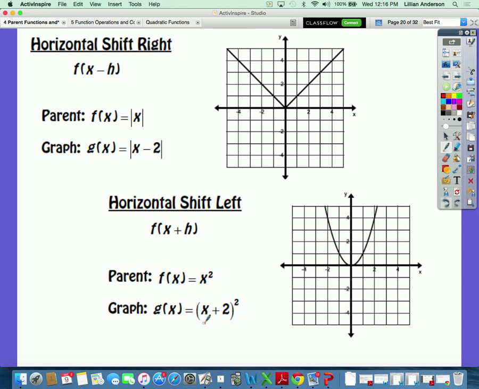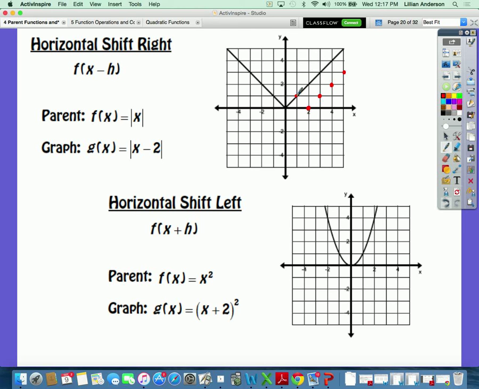Okay? So right here, the absolute value function means I want to move this original parent function, which way? Right, how many? 2. So when I move to the right 2, the point 0, 0 becomes what? 2, 0. 1, 1 becomes 3, 1. 2, 2 becomes 4, 2, and so on and so forth.